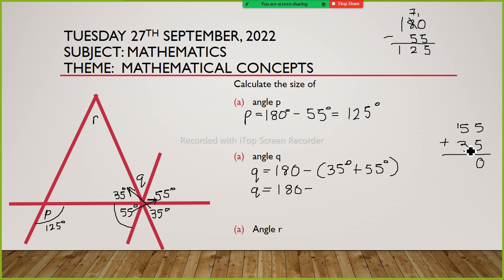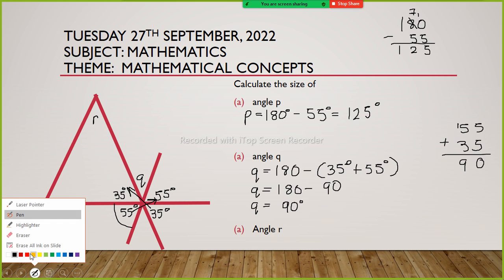And 5 plus 3 is 8, plus 1 is 9. So it's going to be 90. What is 180 degrees minus 90? That is 90 degrees.